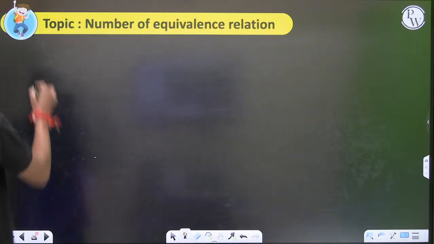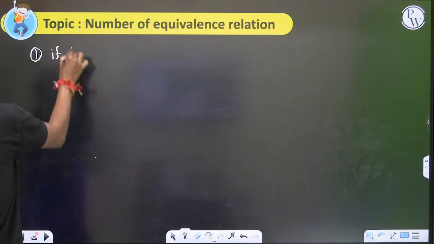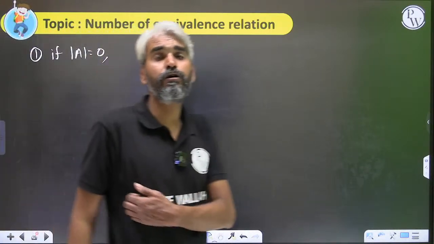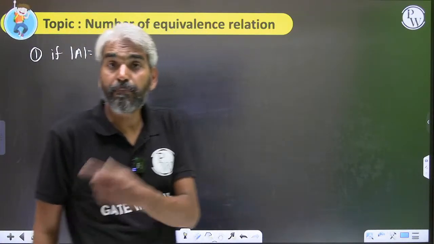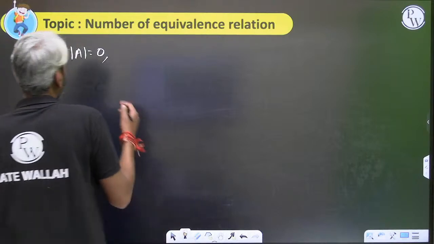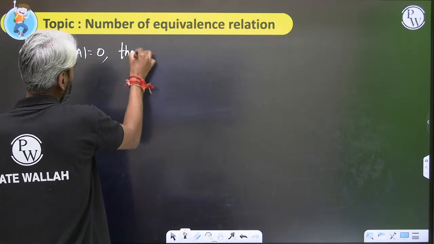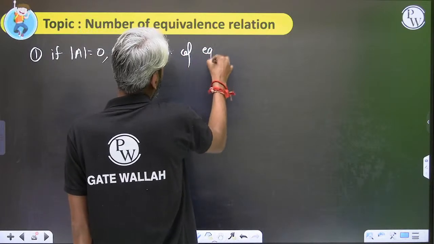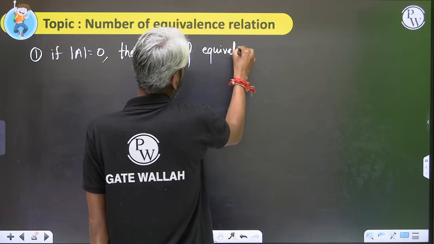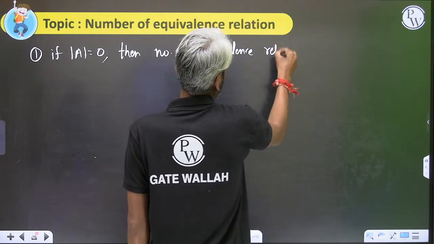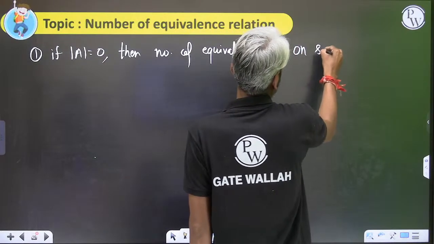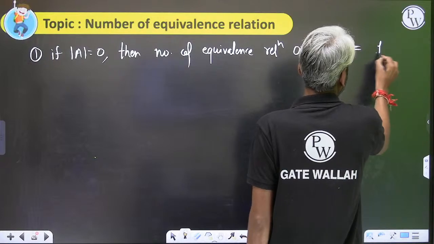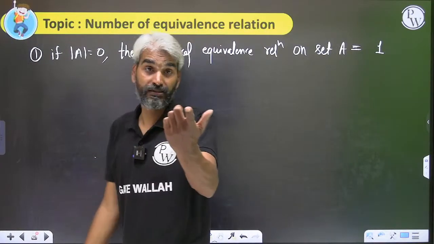So if we talk about the number of equivalence relations, we already know about the number of partitions. So case 1, first of all, let's say if |A| equals 0, then how many partitions of set A? The number of partitions of set A will be 1. So if |A| equals 0, then the number of equivalence relations on set A will be equal to 1, and that will be the empty relation.